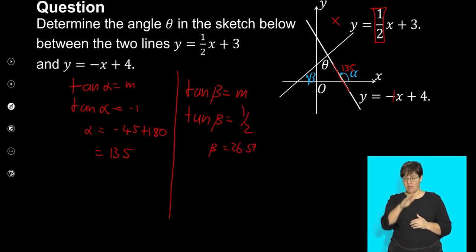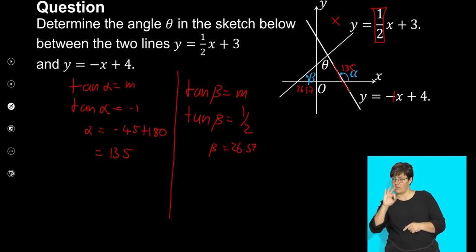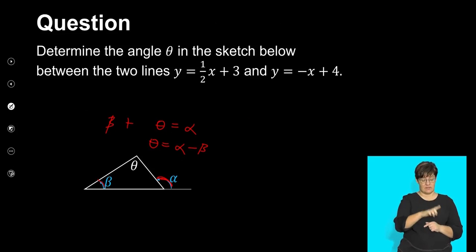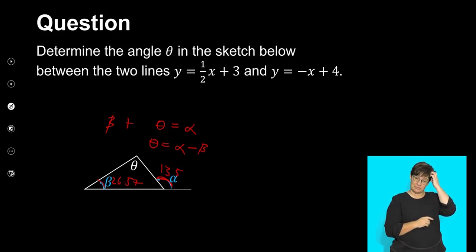Excellent. So now I know that this angle is 26,57. And what did we decide? If I know, and let me write my two angles in there, this is 135. This is 26,57. All right.